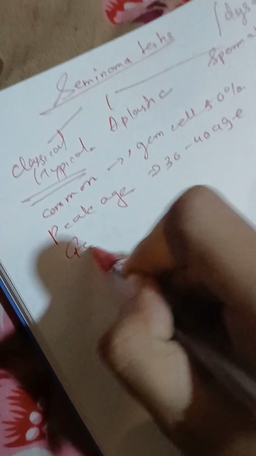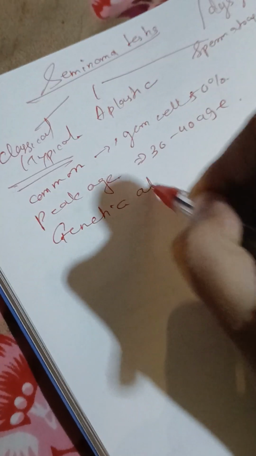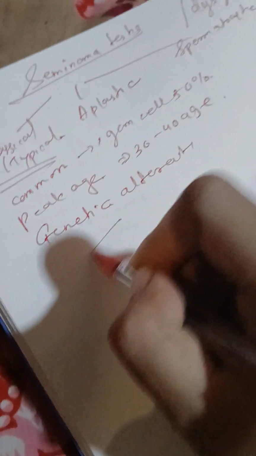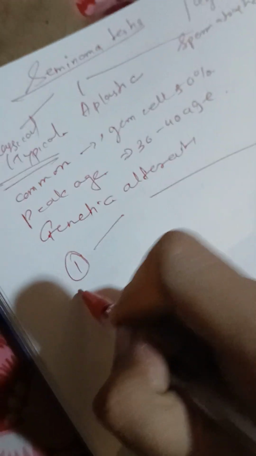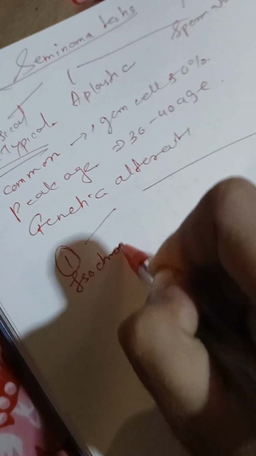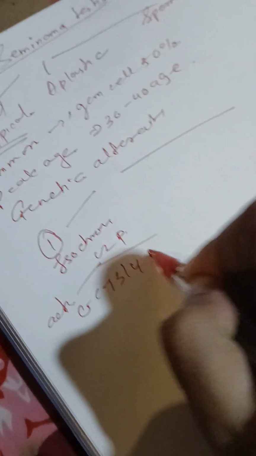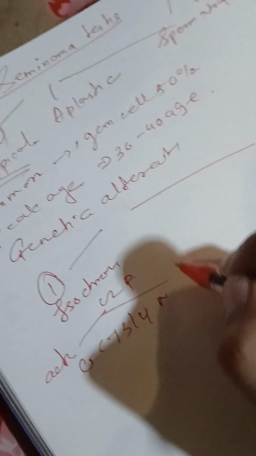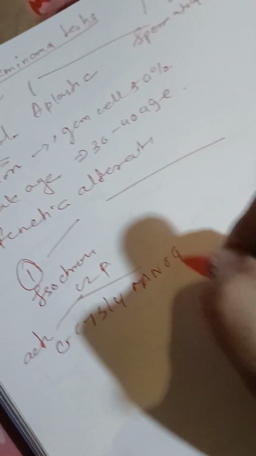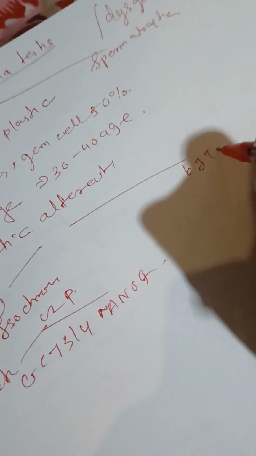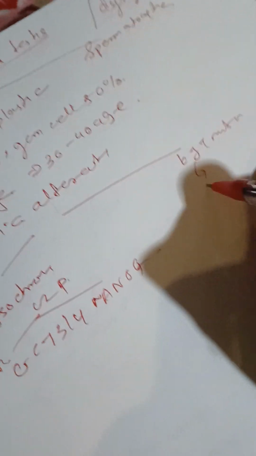Next, the genetic alterations. This is very important. There are two prominent genetic alterations. First is isochromosome 12p, which leads to activation of OCT3/4 and NANOG transcription factor expression. And second is a KIT mutation, and there is KIT amplification.